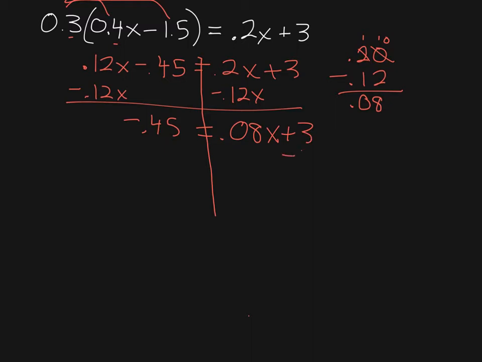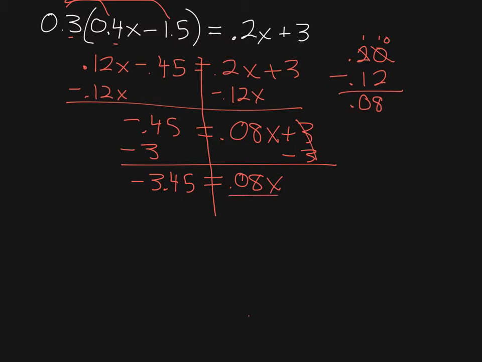Now I need to subtract 3 from both sides, so I get 0.08x on the right, and this is going to be negative 3.45 over here on the left. It makes it easier because both of these are negative. We can just put them together.